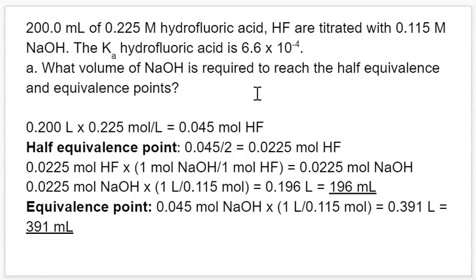So the amount of sodium hydroxide is going to be equal to the amount of HF that was in the original solution. So since we started with 0.045 moles of HF, we're going to need 0.045 moles of sodium hydroxide to get there. So then I can use that divided by its concentration, and that gives me 0.391 liters, aka 391 milliliters of base added to get to the full equivalence point.